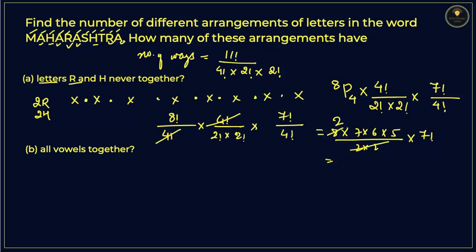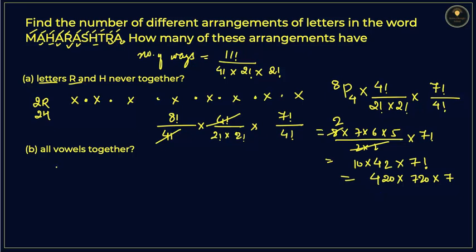So 5 2s are 10, 7 6s are 42, so we get 420 multiplied by 7 factorial. 7 factorial can be written as 720 multiplied by 7. Once you solve these two values, you will get your answer.